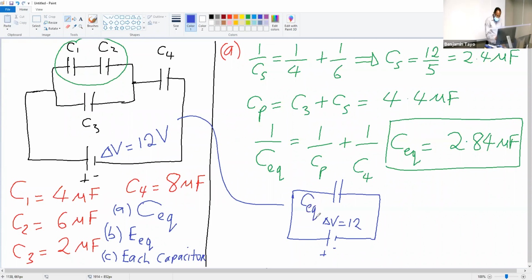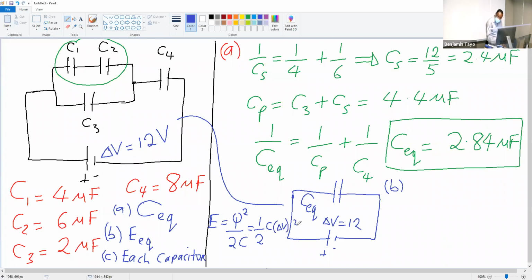Now, let's calculate the energy in my C equivalent, right? So for part B, notice that the energy here, I can use any of those equations. Remember that I can calculate energy by doing, energy is equal to Q squared over 2C, which is also the same as 1 over 2 C times delta V squared.